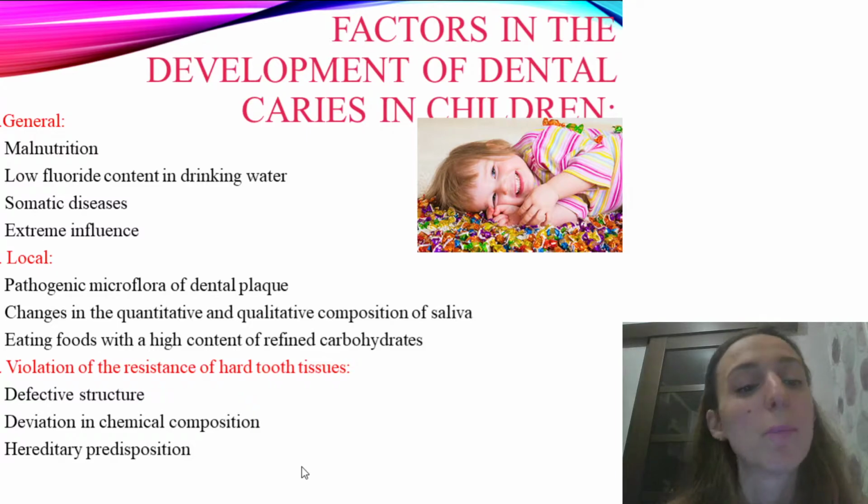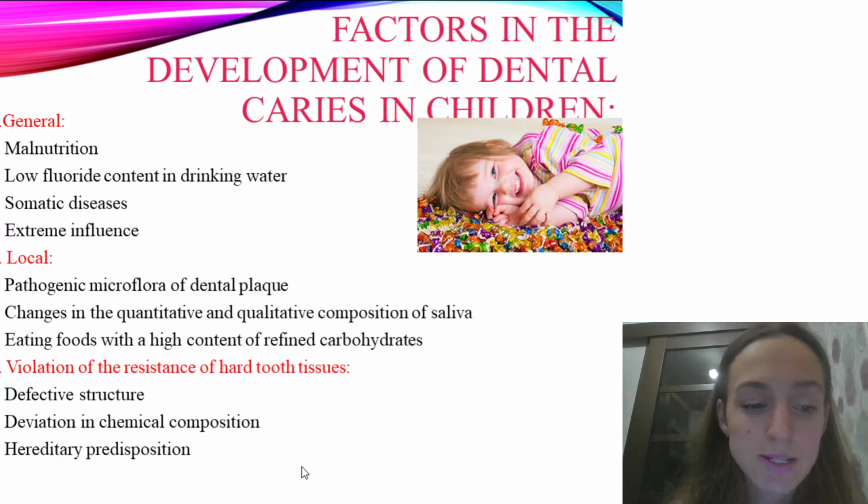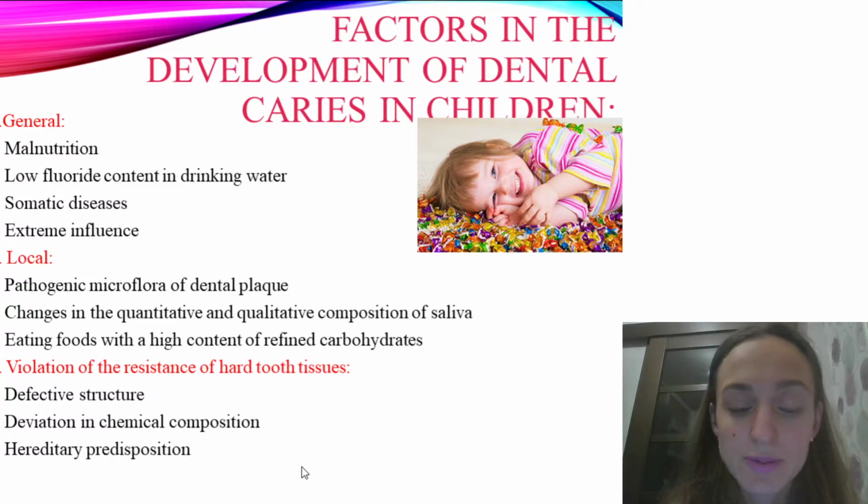Here you should know about pathogenic microflora of dental plaque, changes in the quantitative and qualitative composition of saliva, and eating foods with a high content of refined carbohydrates. And the third group is violation of the resistance of hard tooth tissues: defective structure, deviation in chemical composition, and hereditary predisposition.